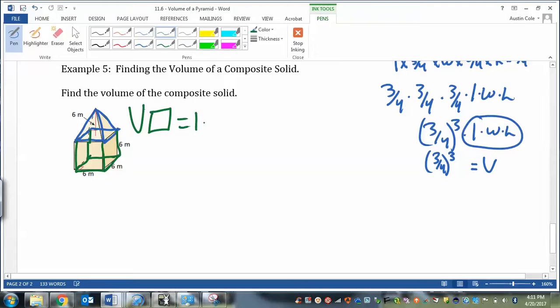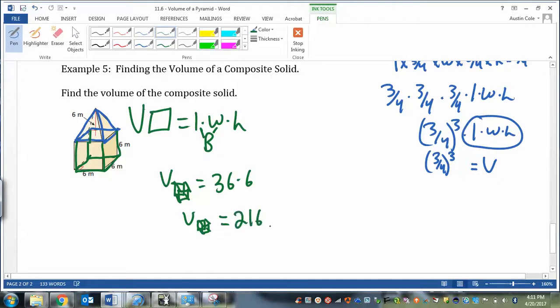That's going to be length times width times height, or area of the base, which is big B, times the height. 6 times 6 is 36 times our height, which is 6. So the volume of our prism is equal to 216 meters cubed.